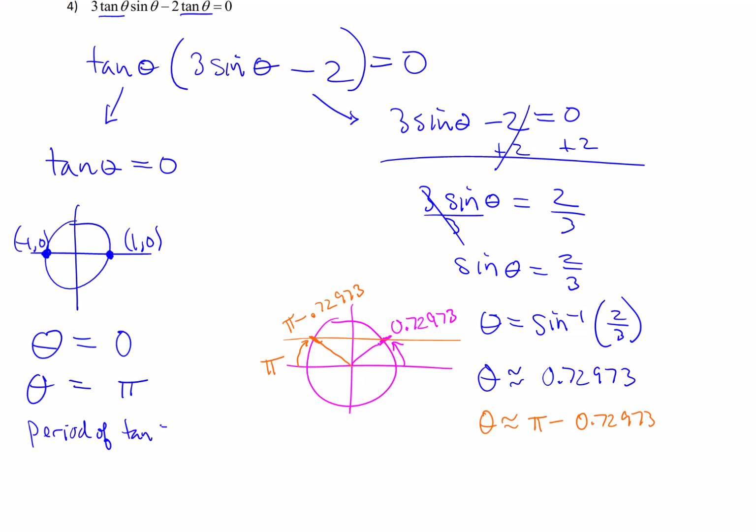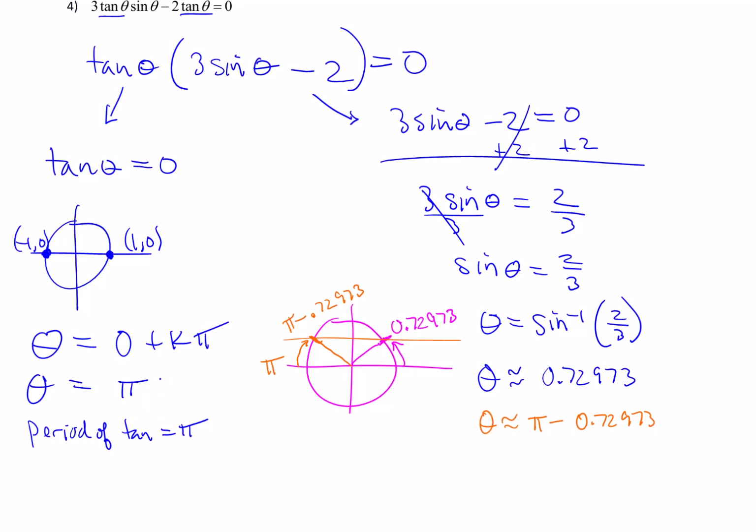The reason that matters is because I would normally say, okay, 0 is my first solution, therefore 0 plus k times pi to represent all the rest. Well, guess what? That's going to pick up the other solution of pi, right? Because when k is 1, then 0 plus 1 pi is pi. So if I write it as 0 plus k pi, that represents the next solution.